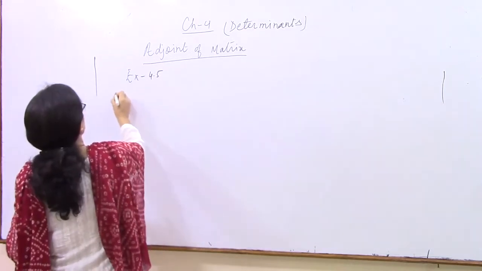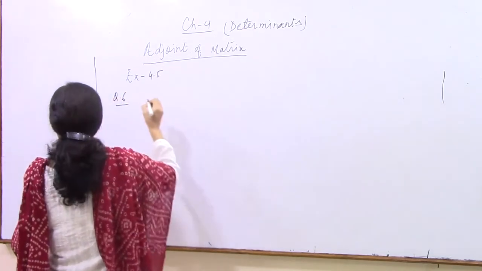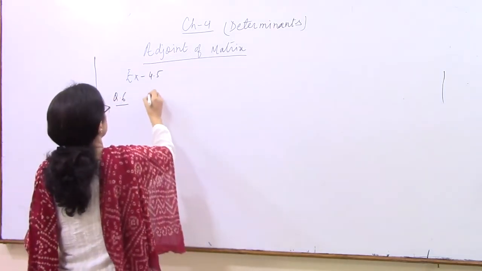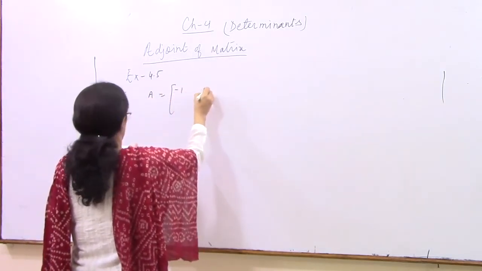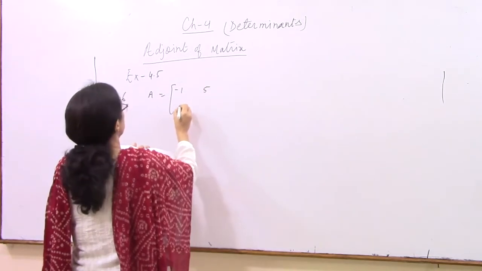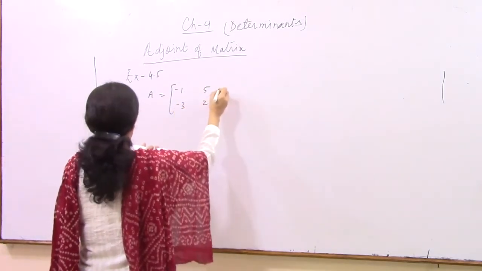Question number 6. Find the inverse of the matrix -1, 5, -3, 2.